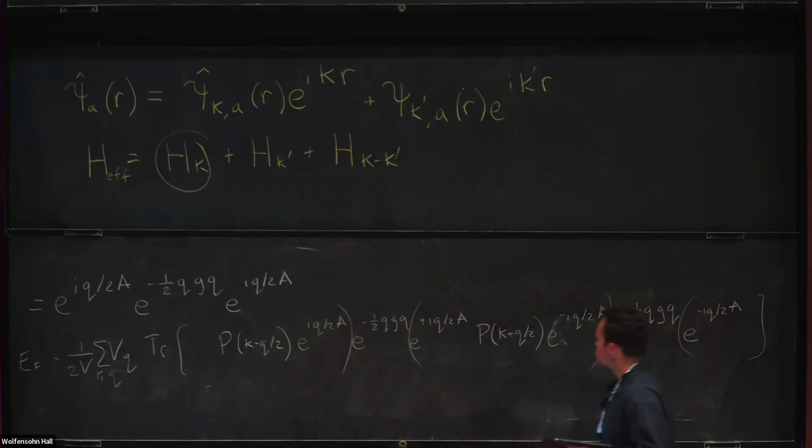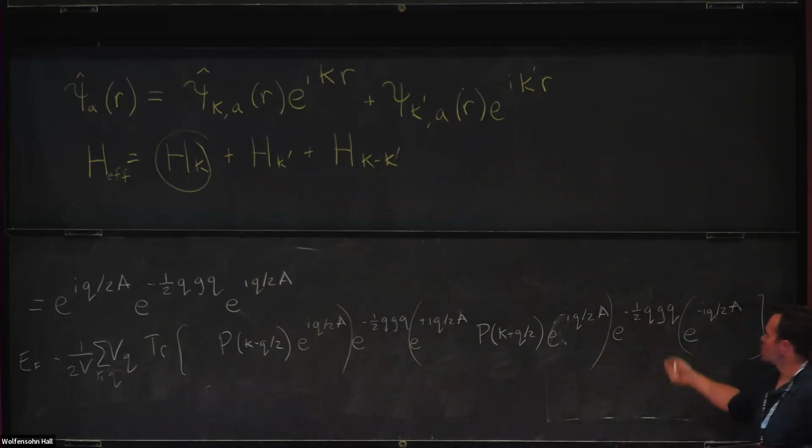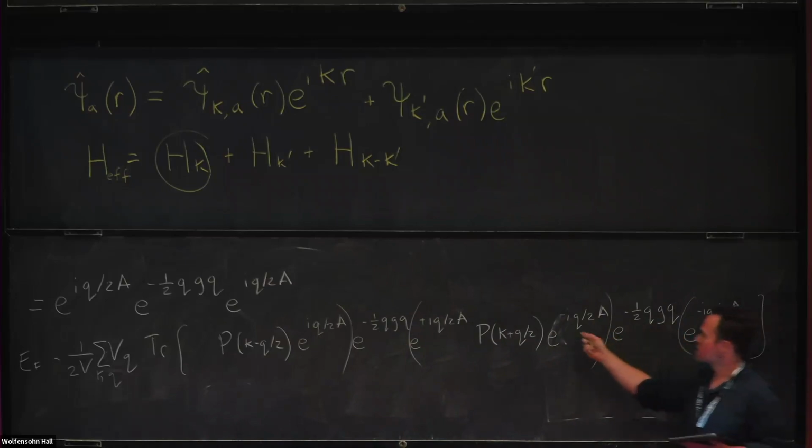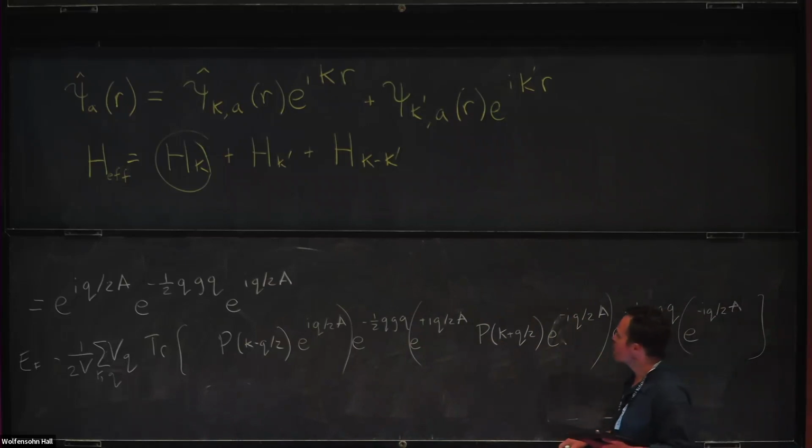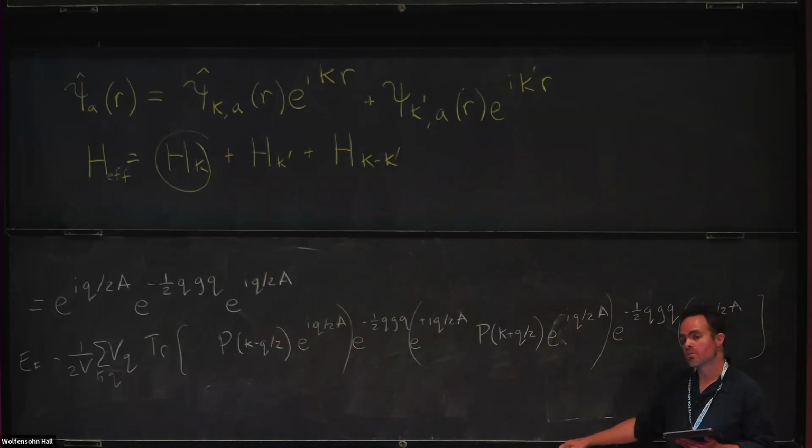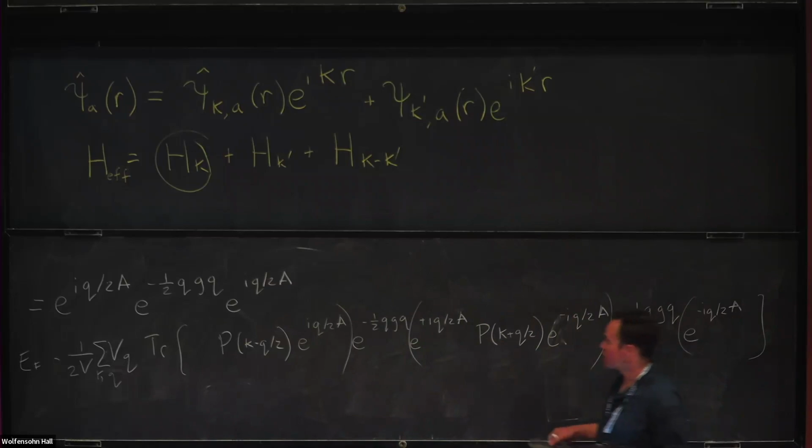So now what I'm going to do is, because I know I can kind of take q to be small because it's dying off as this Gaussian here, I can take these expressions and evaluate them to lowest order in q. And that's exactly going to give the usual expression as transport with respect to a connection.